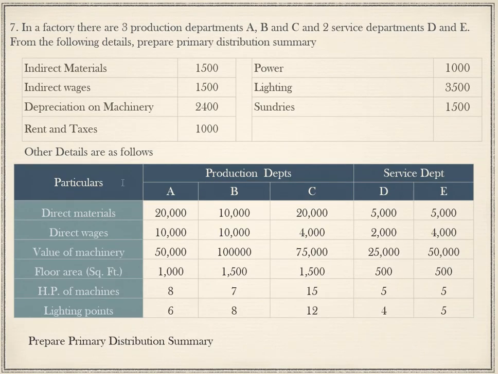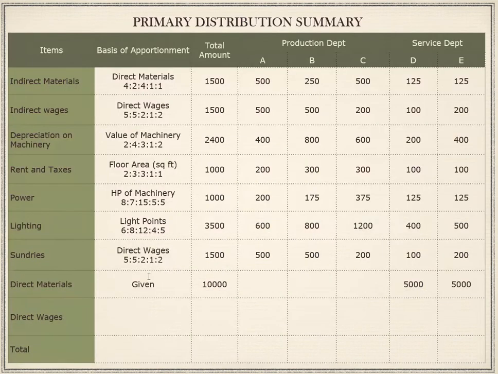Next, going back to the amount of direct wages, with respect to service department, it is 2000 and 4000. So direct wages, it's already given in the problem, right? The total amount is going to be 2000 plus 4000 is 6000. So this 2000 is with respect to D department and 4000 in respect of E department.